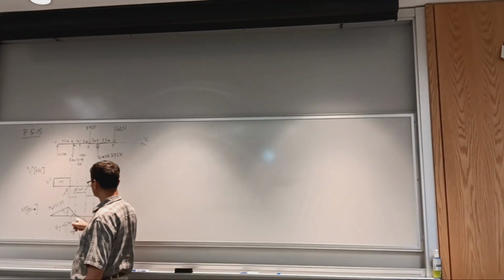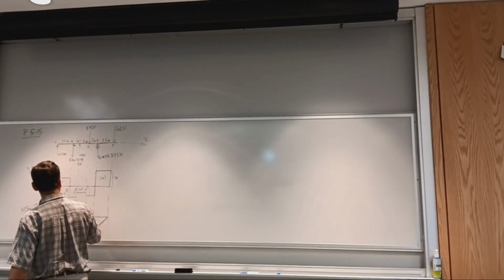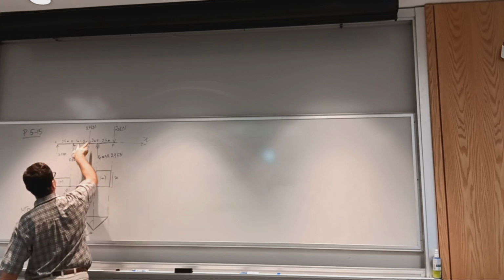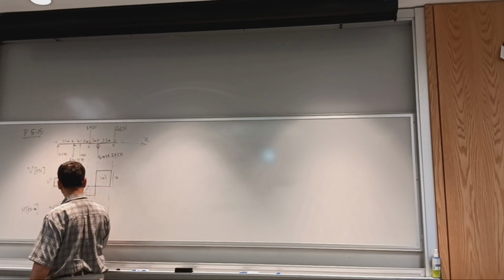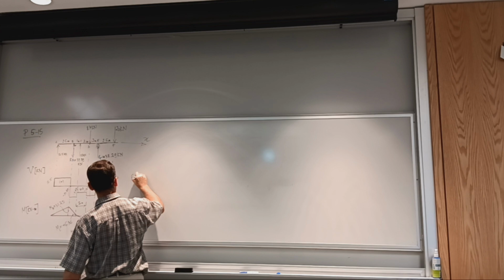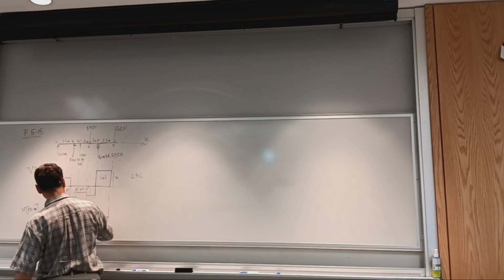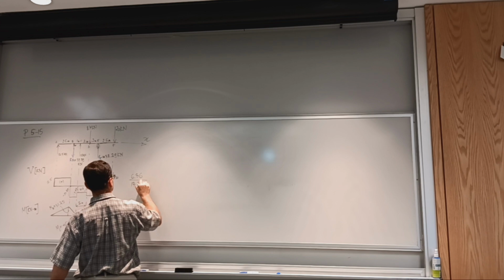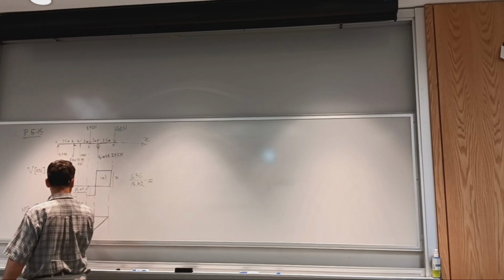But I can use similar triangles. So I know this piece is equal to 2 meters. All right? And I have two similar triangles here, this one and this other one. So I can say 6.36, which will be this piece, over 13.42 equals this piece over this piece.